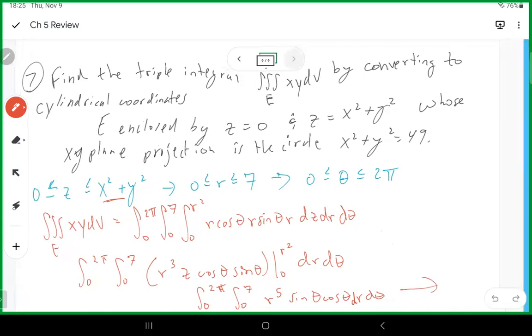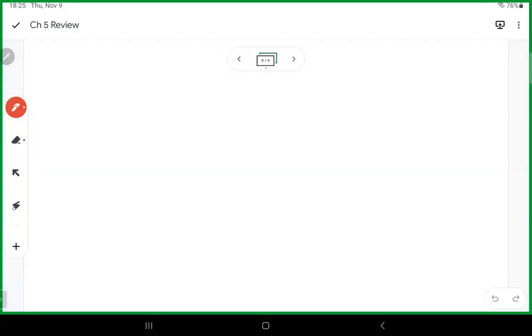And as if anyone were surprised, we're going to have to get another slide. So 0 to 2 pi, I would recommend having a lot of scratch paper when you take this test.